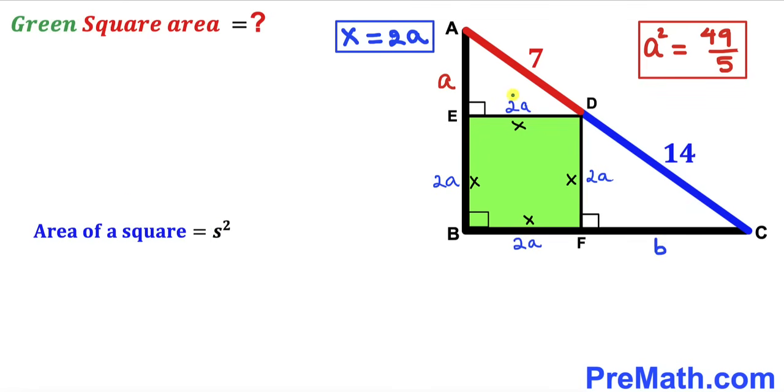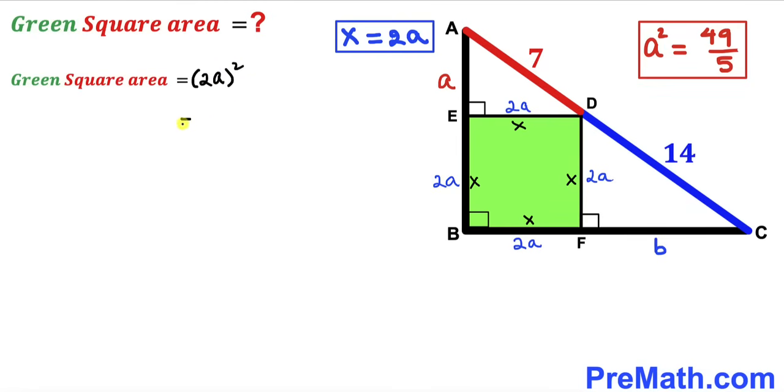In our case, the side length of this green square is 2a. So the area is (2a) square, which equals 4a square. We know a square is 49 divided by 5, so I substitute that value here.